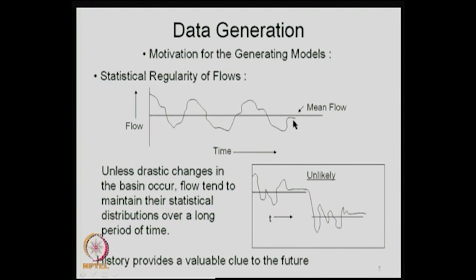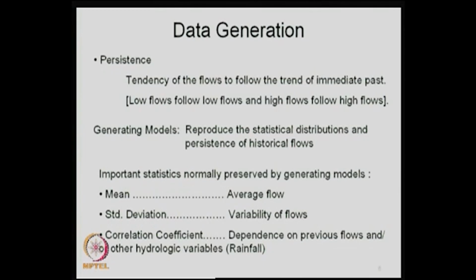So, essentially we capture the essential information content in terms of the probability distributions, in terms of the statistical parameters, and in terms of the general stochastic behavior of this particular process, as we have seen over the history, and use that information to generate values for the future. So, this is a general principle. Let us see how we do this.